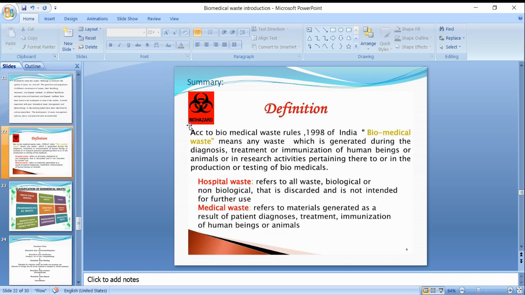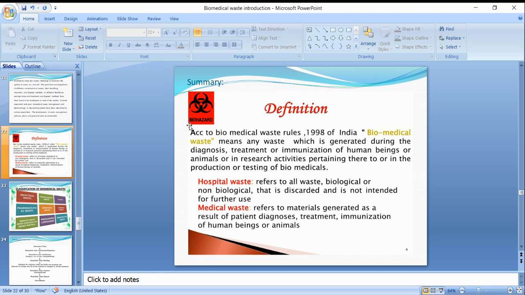Here we are seeing the definition of biomedical waste. As per the 1998 rules of India, biomedical waste is the waste which is generated during the diagnosis, treatment, or immunization of human beings or animals, or in research activities pertaining to the production or testing of biologicals.